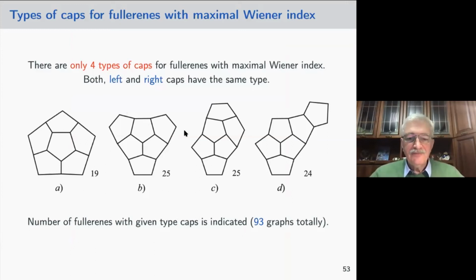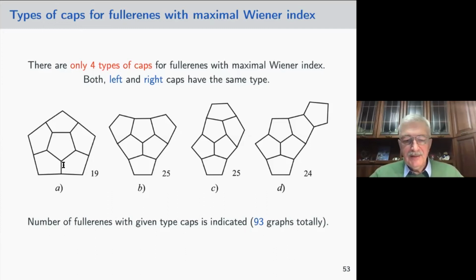So there are only 4 types. On the left and on the right, we have the same caps, and they are of type A, type B, type C, or type D. So a collection of 6 pentagons. So we have a hexagonal tube, and on the left and on the right, we have two collections of pentagons.